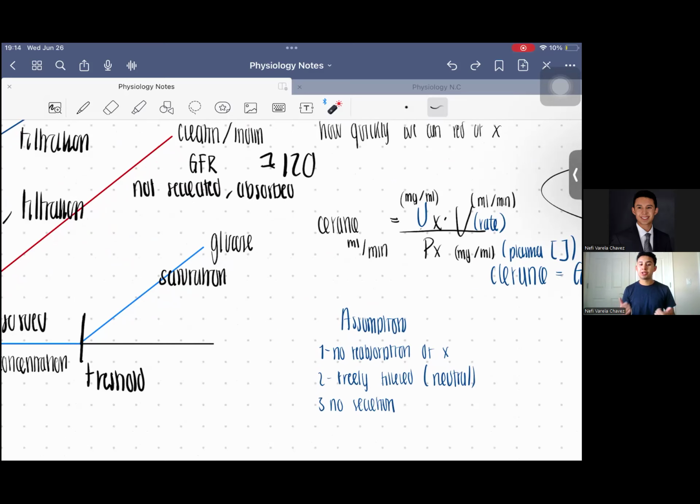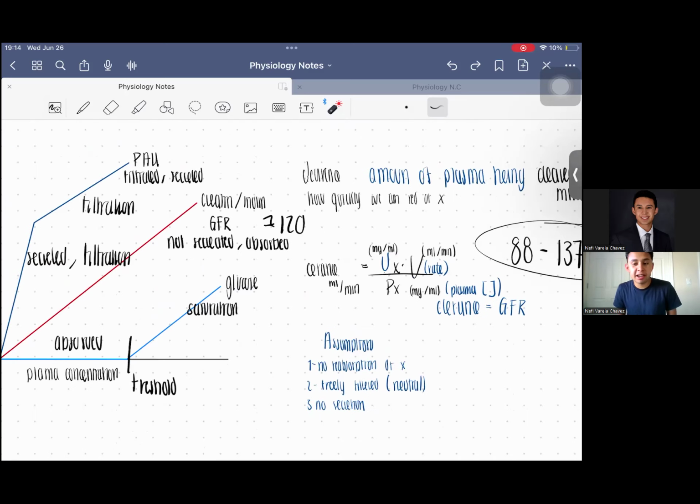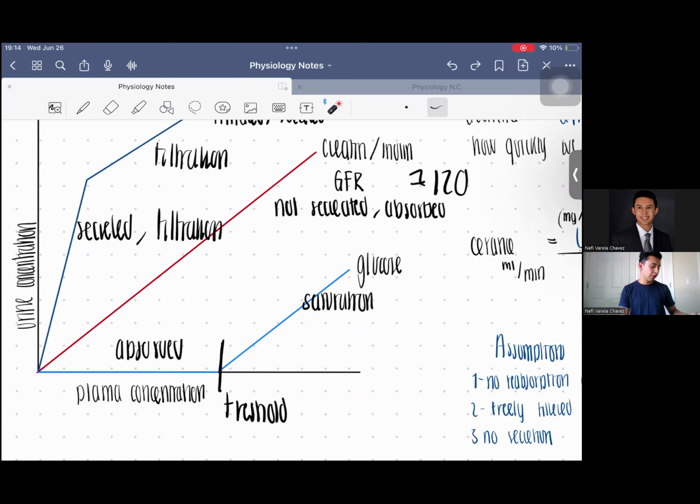So that's going to be the case of creatinine and inulin. Creatinine and inulin are not going to be secreted nor absorbed. They're going to be neutral, so they're going to be freely filtered. And as you can see, those are going to go to the same degree to the urine concentration and the plasma concentration. Okay, so they're going to be found in the urine, and also in the plasma.